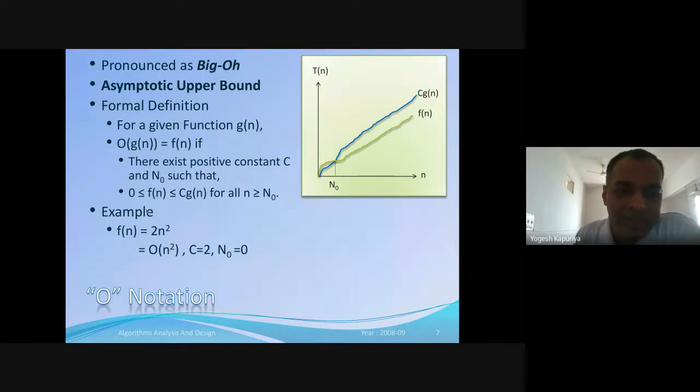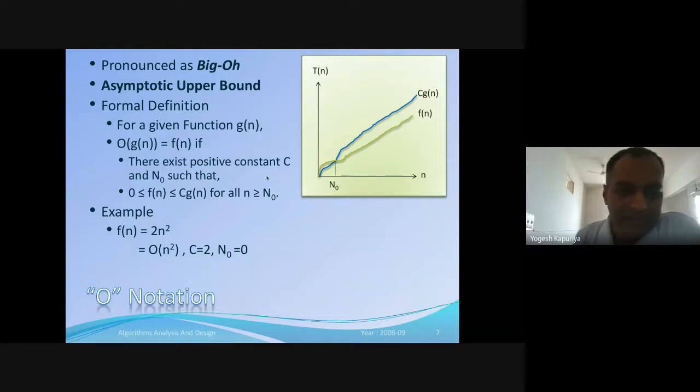So this is always true: 0 is less than or equal to f(n) is less than or equal to c times g(n). Then you can say that f(n) is equal to big O of g(n).